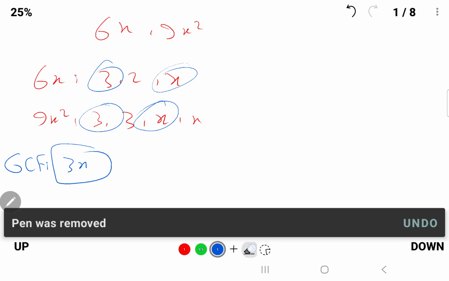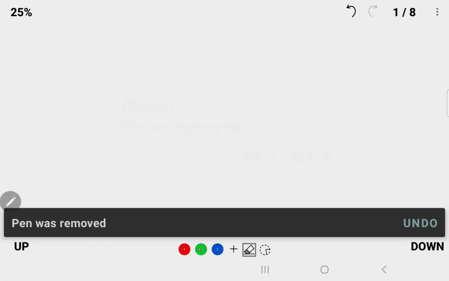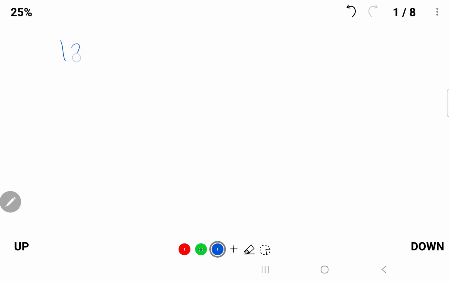Now another example. Let's say you have 12xy and 15x squared y cubed.